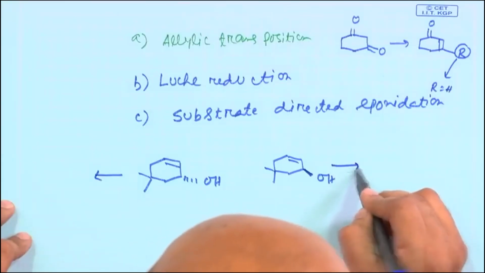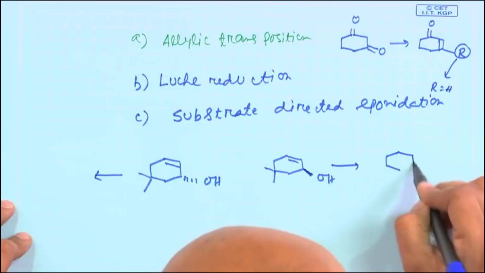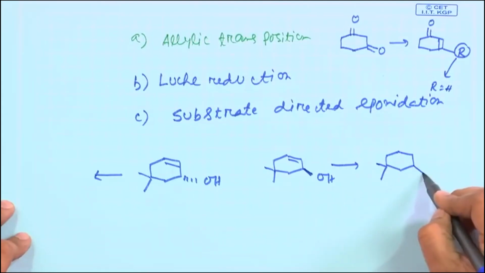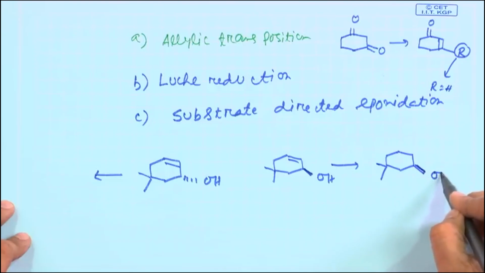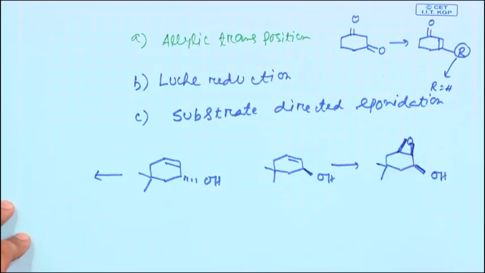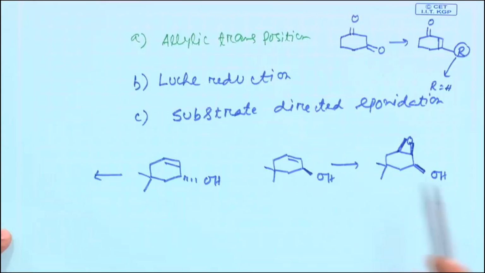If you take the other one, you will expect a similar result; only, you will get the epoxide which is above the plane. I have explained that the epoxidation goes through a hydrogen bonding directed method, where depending on the stereochemistry of the hydroxy group, you can think of whether the epoxide will be above or below.